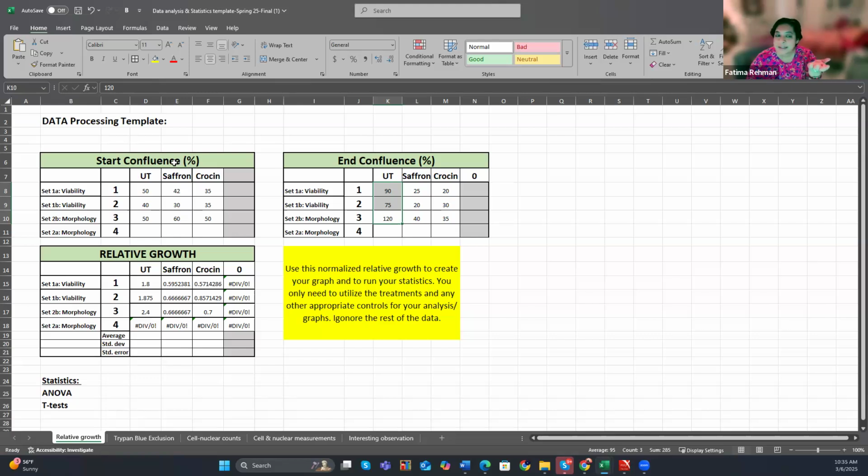It takes into account the variation that you had to begin with in your sample, because not every single sample started at the same confluence. Some started when they were already at 50, 60%, and others were only 30%. That's an important piece of information that we're missing over here.